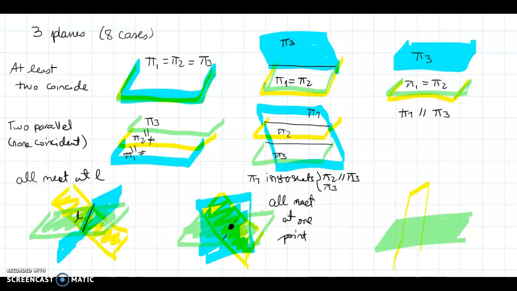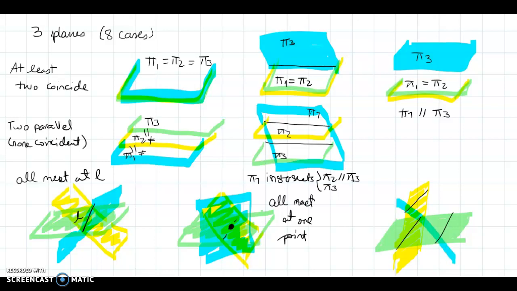So here we have this plane, they intersect this line over here, and then the third one is going to intersect them both like this, so that the line of intersection of any 2 is parallel to the third plane.